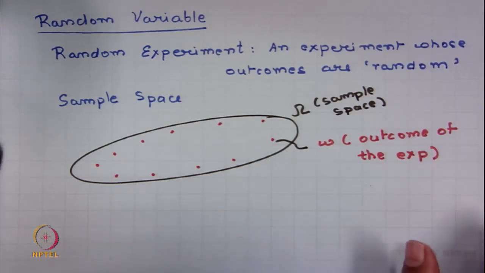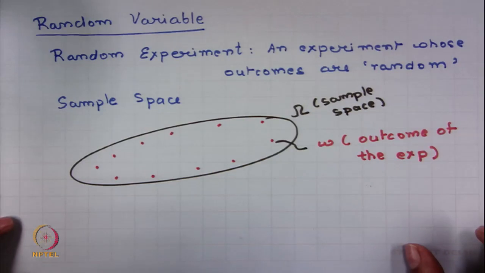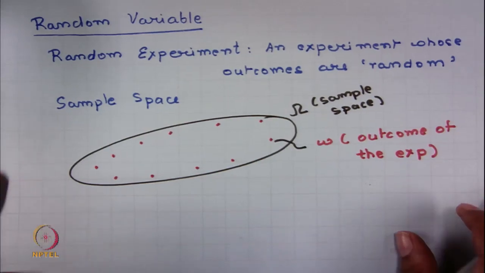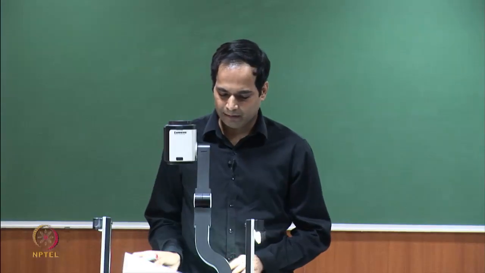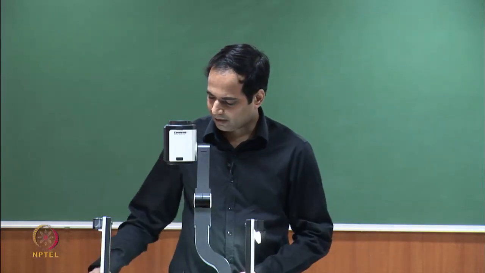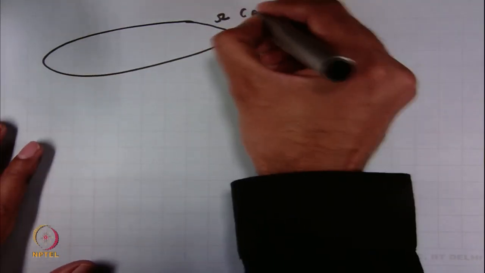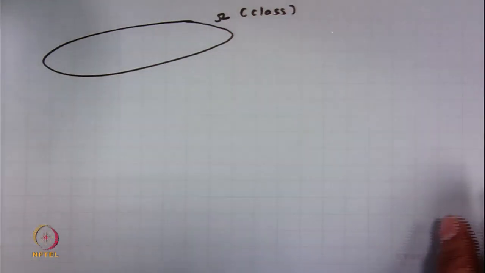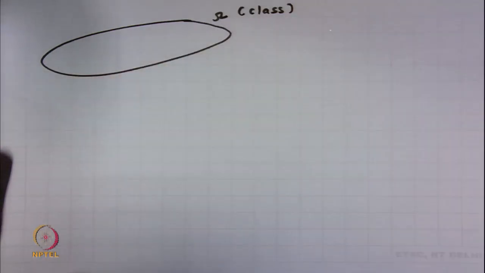Okay. So, now we have understood what a random experiment is and what a sample space is. The sample space is just the collection of outcomes of the random experiment. Now, to discuss a random variable, let us choose one example. Let us take the sample space as a class, let us say the class of all students doing this online course on digital communication, and the elements of this sample space are the students.